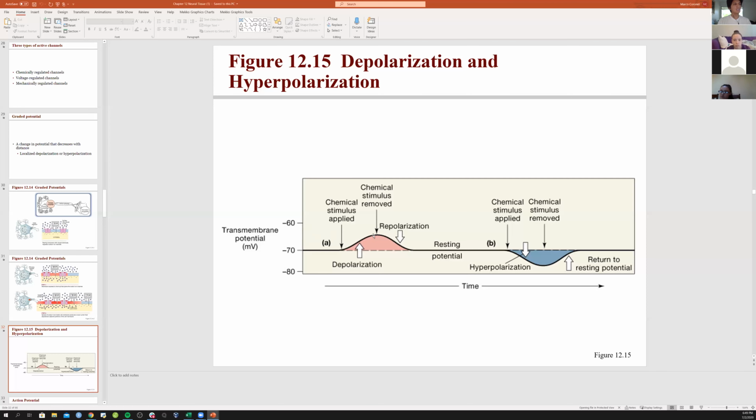This hasn't reached that threshold to activate that channel, so it just goes back to its normal state, back to its resting potential. Why doesn't it stay at this potential?